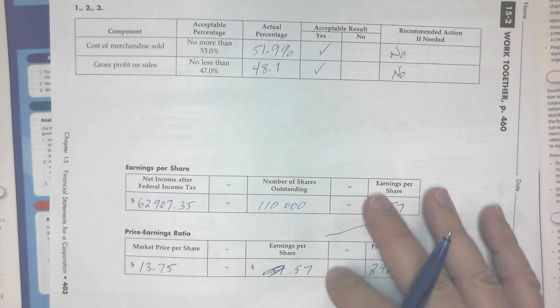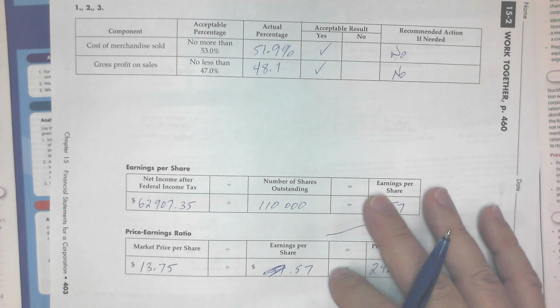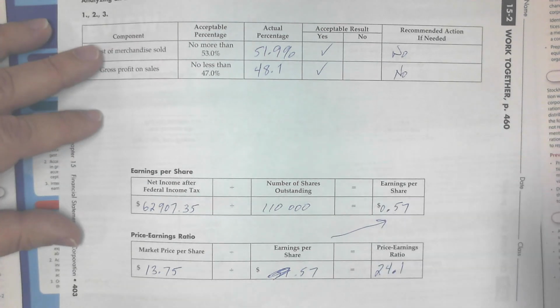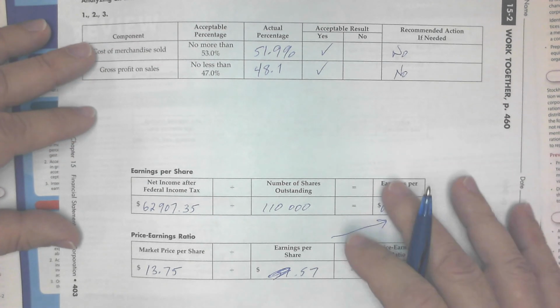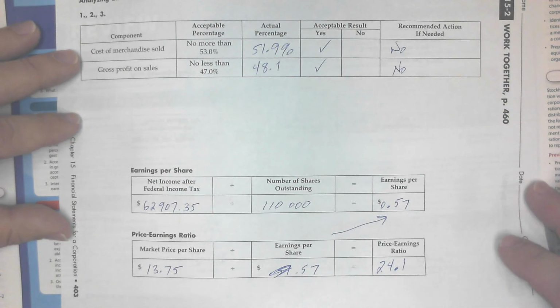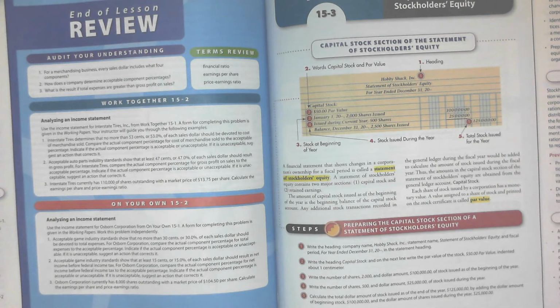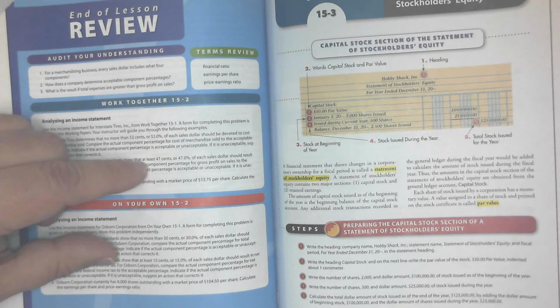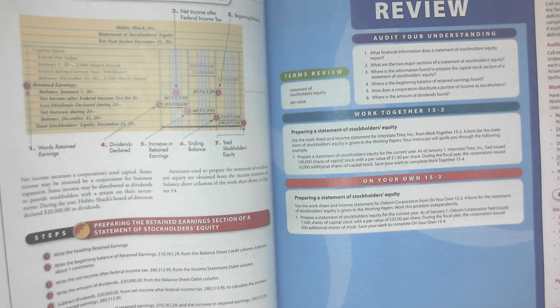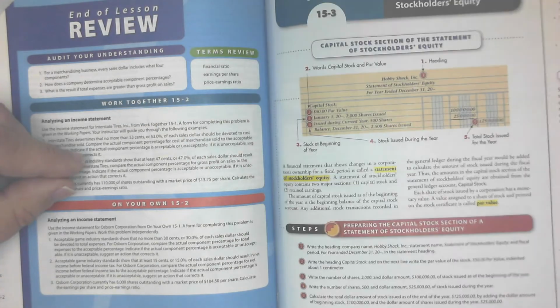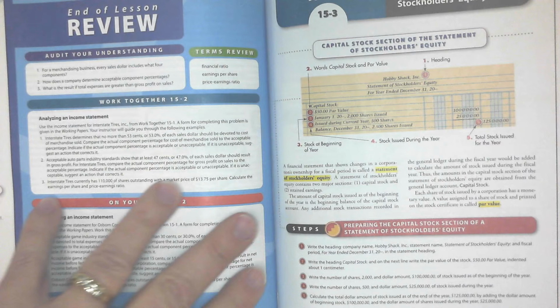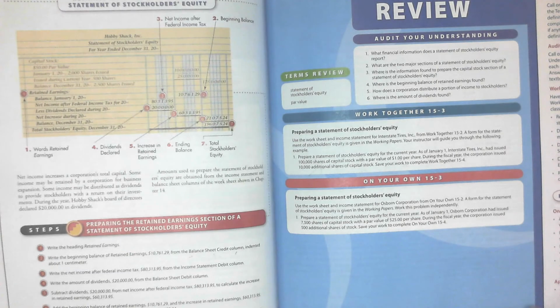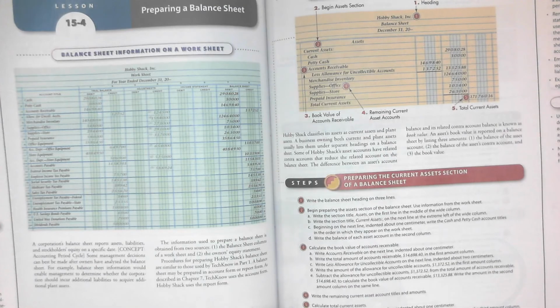So now once you get finished with the on your own for the income statement, then you can do the on your own for the analyzation income statement. And then section 3 is just stockholders' equity. And you can see it's only 2 pages. It's really just all example for section 3, so that's pretty short.